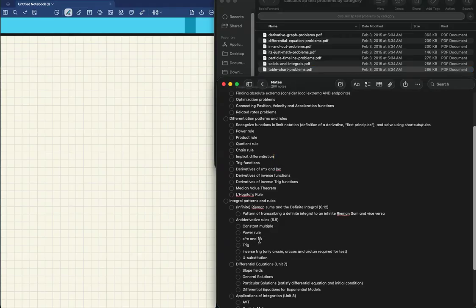This relates because the antiderivative of 1 over x is ln x, right? Know the antiderivatives of trig functions and inverse trig functions. Here, for the purpose of calculus AB, we only need to know arcsine, arccosine, and arctangent. Then u-substitution, that's like the inversion of the chain rule.